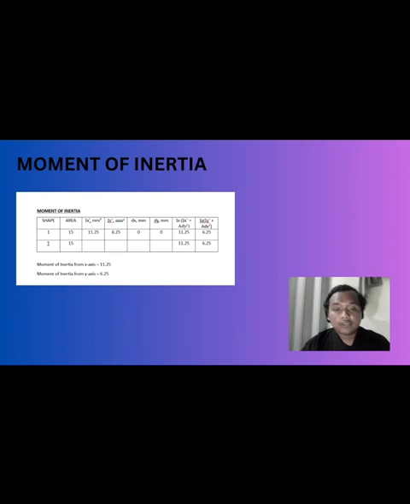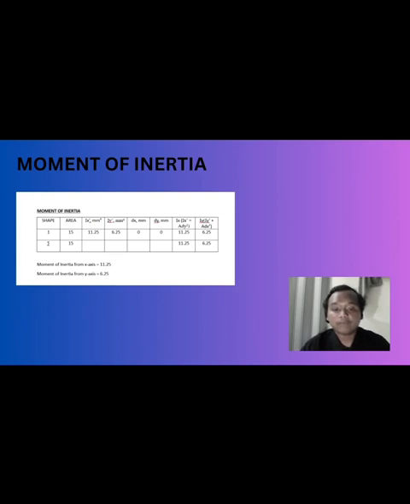To find the Ix prime, I use the formula 1/12 times length times height to the power of 3. But Iy prime is 1/12 times length to the power of 3 times height. And then I get the Ix and Iy.